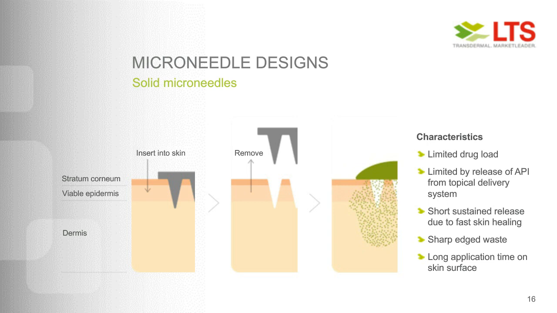The other issue we have is sharp-edged waste. For us, it was quite important that we wanted to circumvent this. If you pull out your microneedle design, you still have this metal microneedle in hand, and it might be the case that you punch it again accidentally into your own hand and your own finger, or whatsoever.